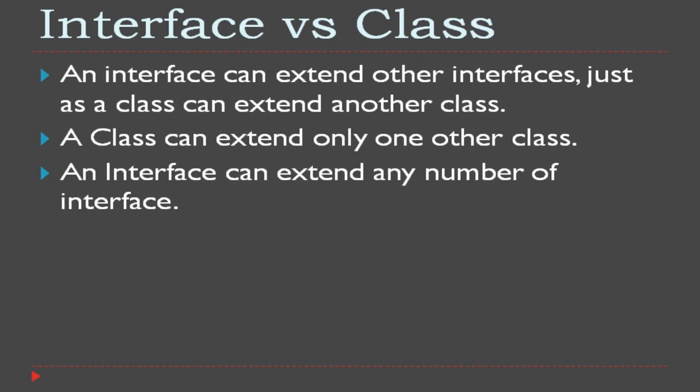Then if you want another subclass, which will be the third class, inherited from the second class, you can directly have only one superclass. But here an interface can extend any number of interfaces. So the concept of multiple inheritance can be fulfilled in interfaces, because Java cannot implement multiple inheritance directly. Here using interfaces you can fulfill that.